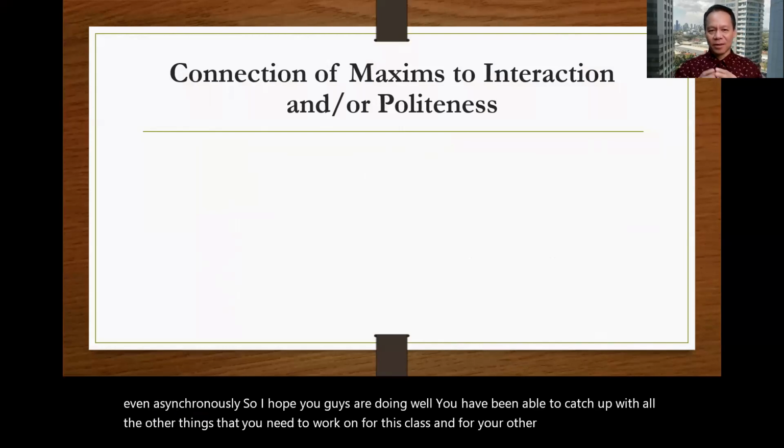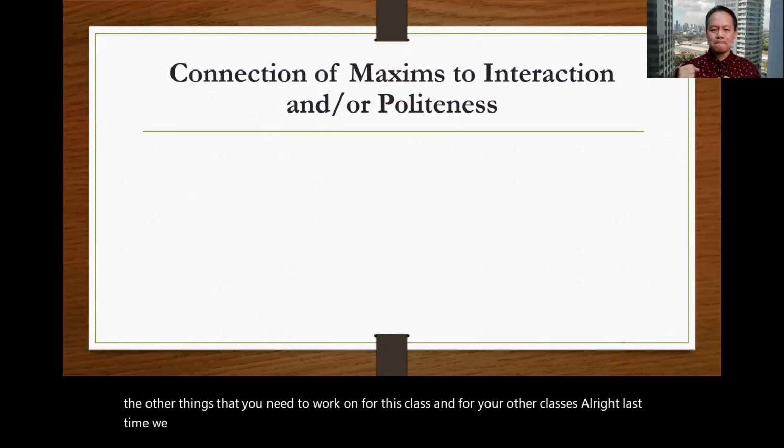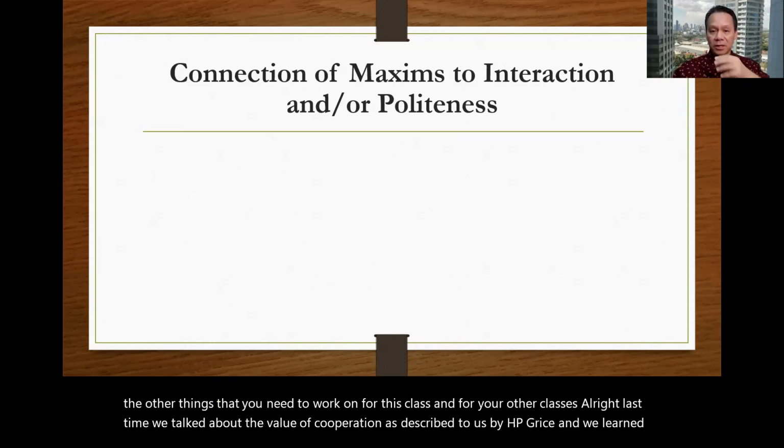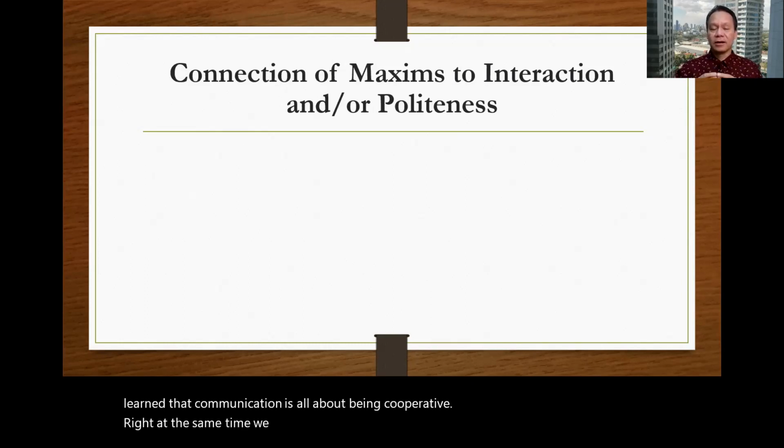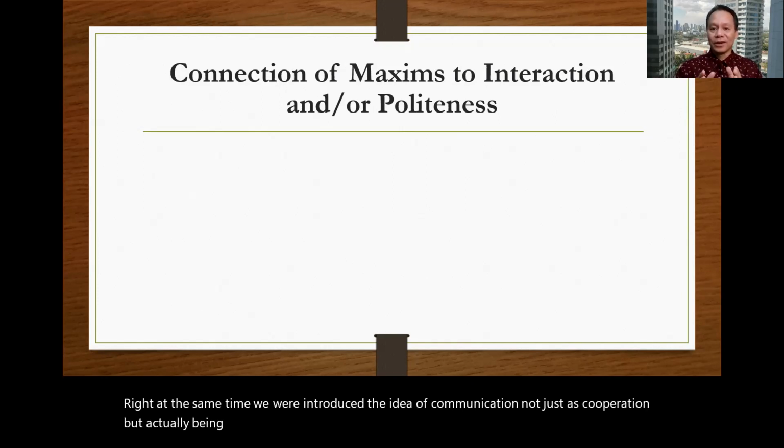All right. Last time we talked about the value of cooperation as described to us by H.P. Grice, and we learned that communication is all about being cooperative, right? At the same time, we were introduced to the idea of communication, not just as cooperation, but actually being polite. Therefore, what we're learning here is the social cultural aspect of communication.